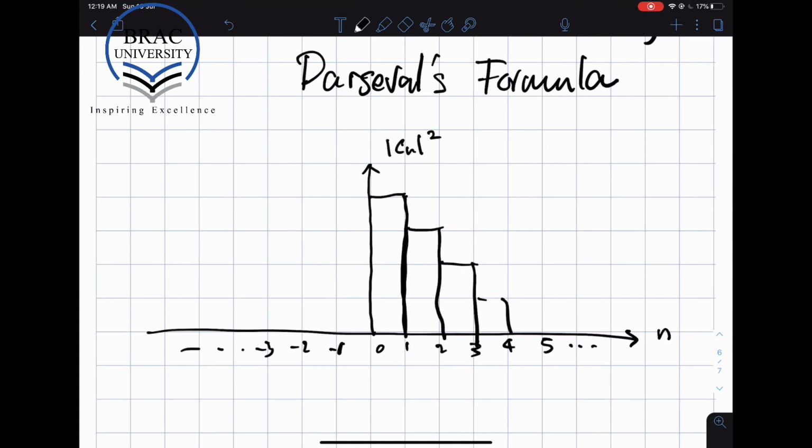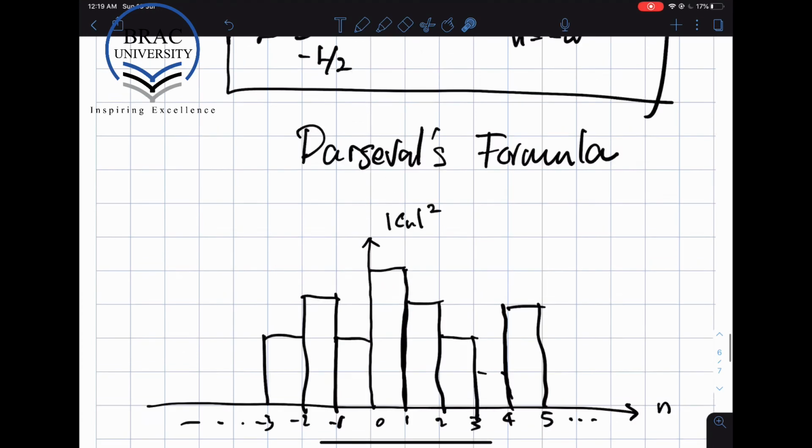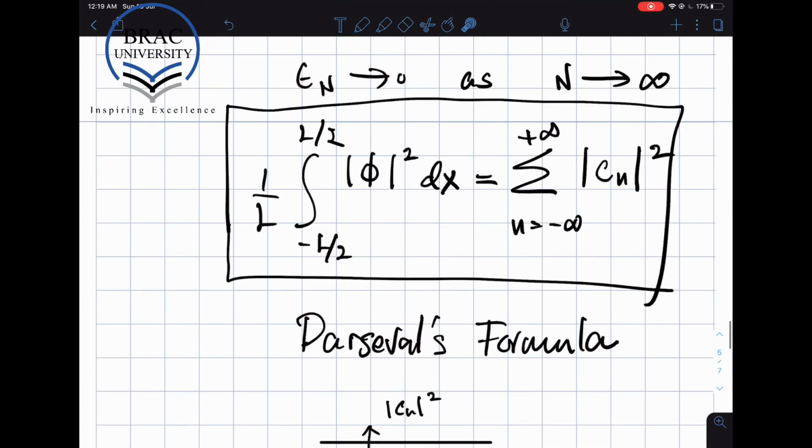And the area under these skyscrapers, if you add them up, that's basically what this thing is. So this is the interpretation of Parseval's formula.